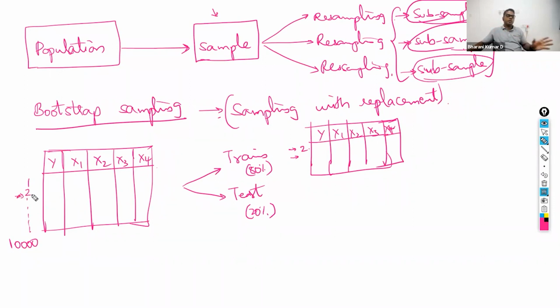2 got selected does not mean 2 will be removed. 2 got selected, you put it here. For the next sample, again, randomly from these, you select. Say you randomly selected row number 100. You put that.